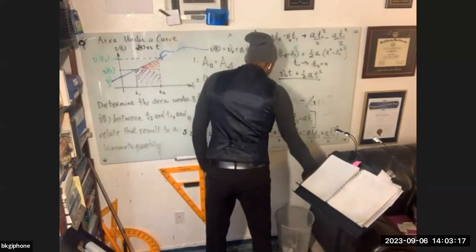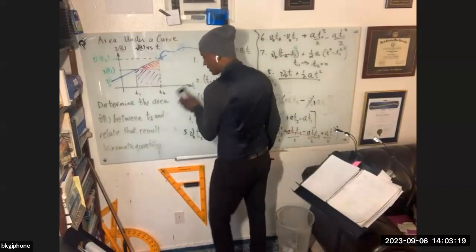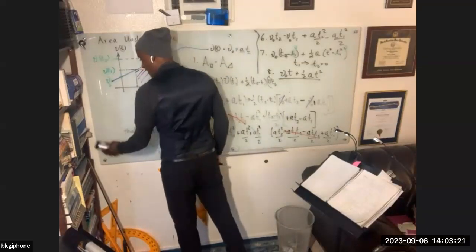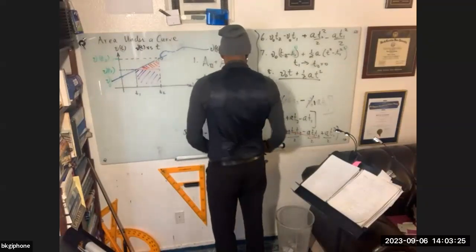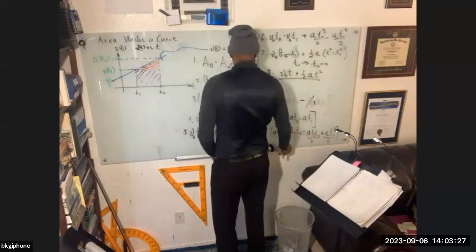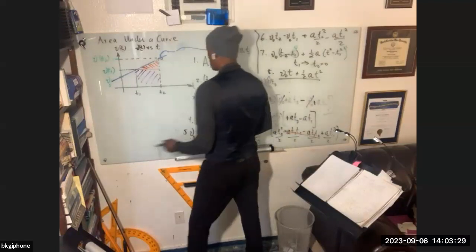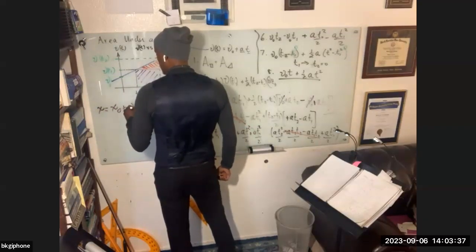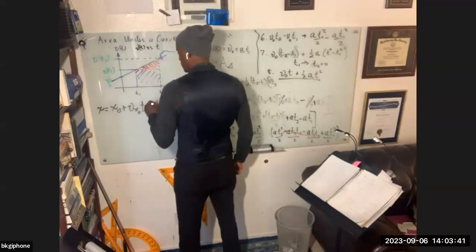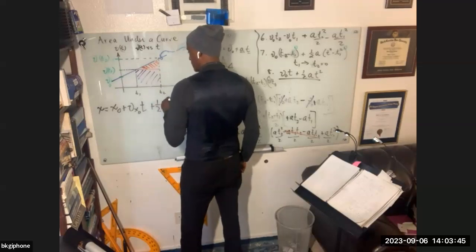So to illustrate that, for those of you who didn't see it or may still not see it, let's write down one of those equations. The one I'm referring to is x equals x naught plus v x naught t plus 1/2 a t squared.